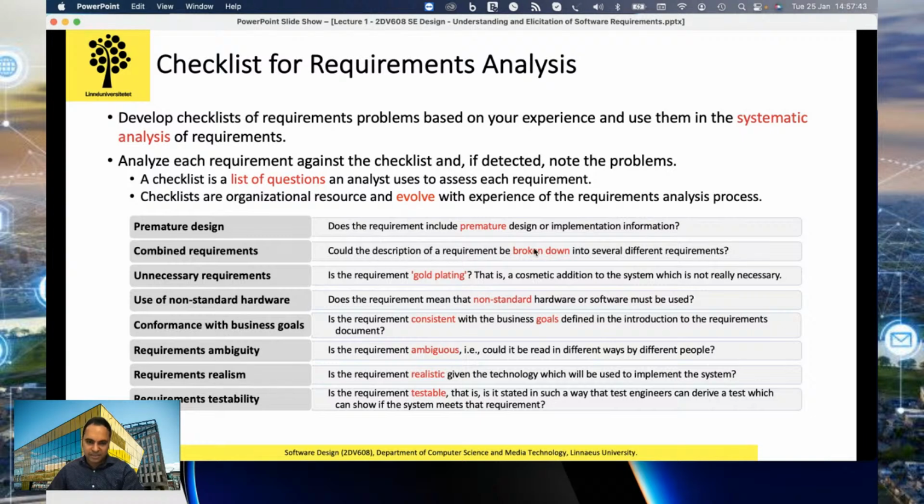If it's yes, you put a tick mark, and then in your analysis phase, you say that, okay, this requirement can be broken down into several requirements. Thus, requirement X or requirement Y can be stated as requirement Z and requirement W, let's say.